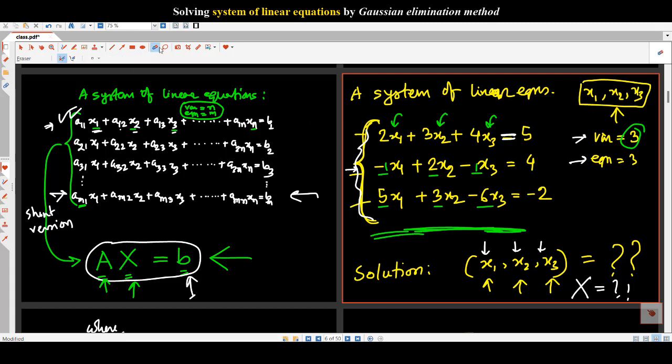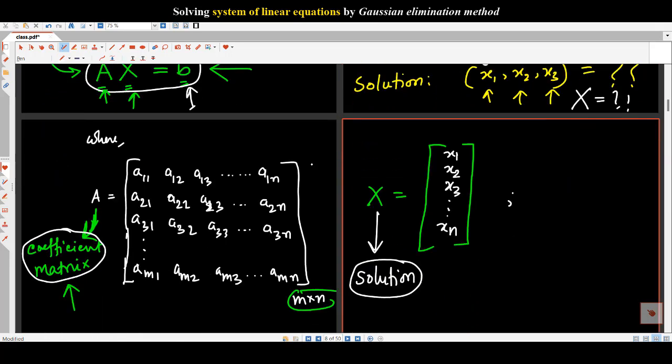So from the general equation, we can now think about what is matrix B. So matrix B is also a column matrix. We have B1, B2, B3 up to, let's say, Bm.